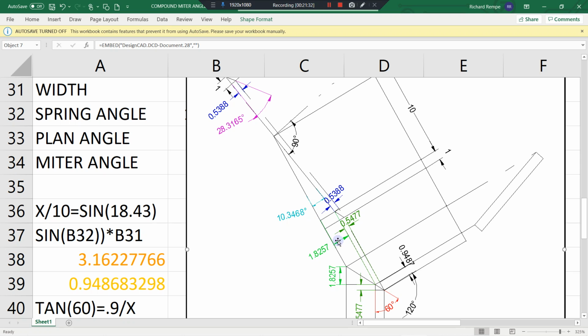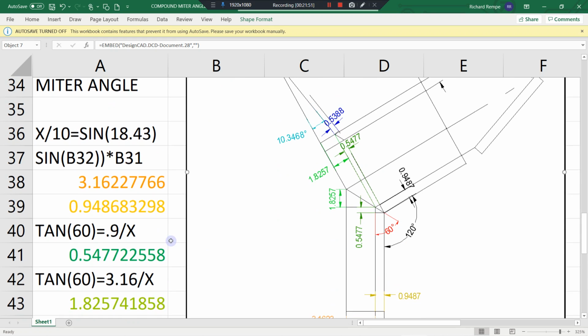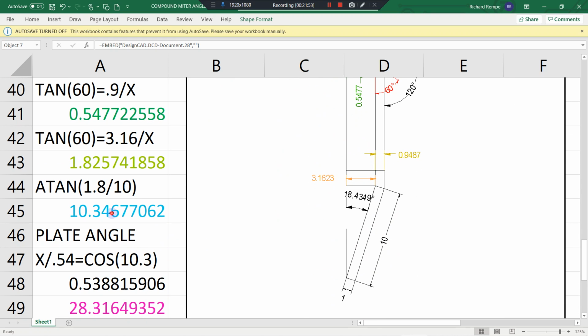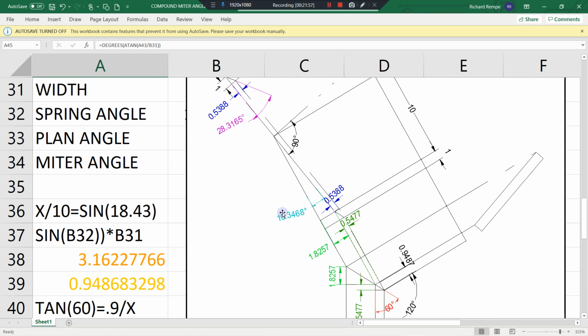That's that dimension there, and then you have a tangent cut. You can just give that dimension on that panel for the plane cut, or the angle if you're on a miter saw. If it's on a big panel, it would be 1.8257, and that would be the rise, and the run would be 10. And you can solve for the arctangent to those two, and you'll get 10.346. So you have the angle.